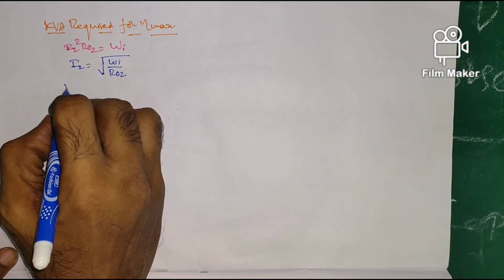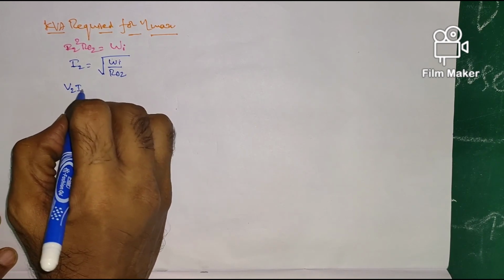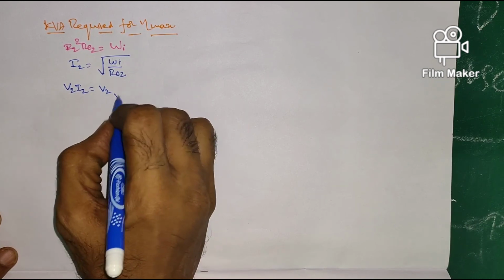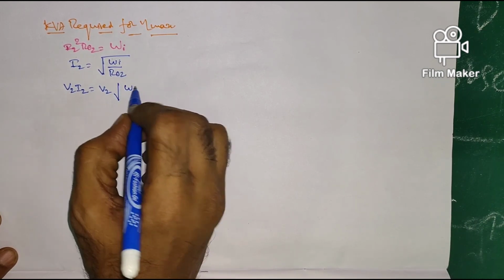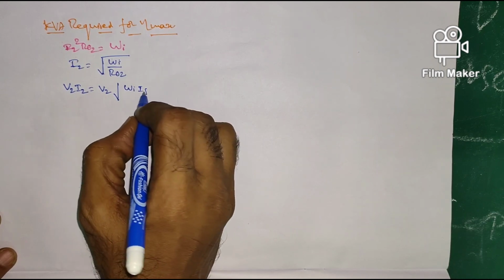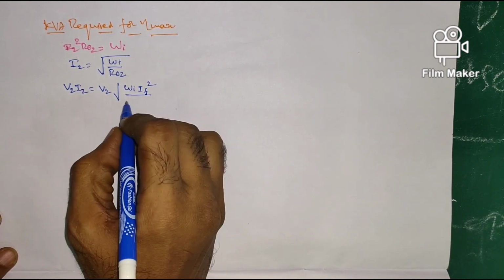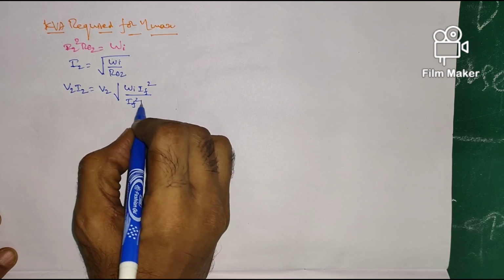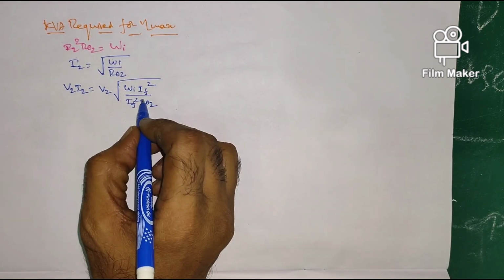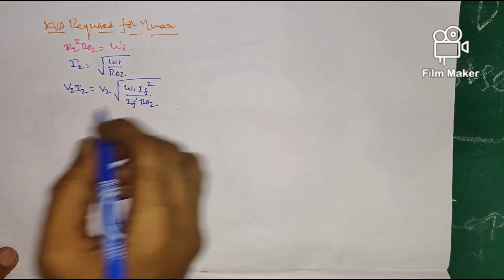What I will do is multiply on both sides with V2, then we get V2 multiplied by square root of Wi divided by R02, and inside the square root I am multiplying and dividing with IF square, where IF is the full load current.